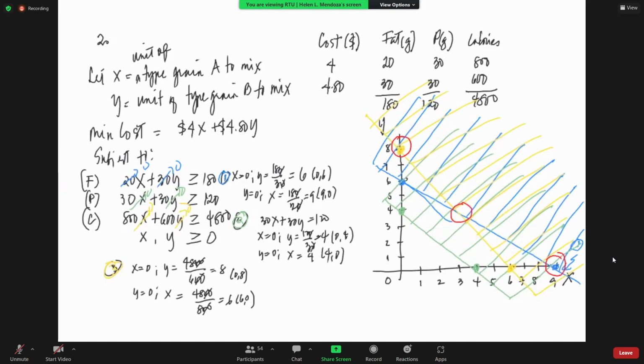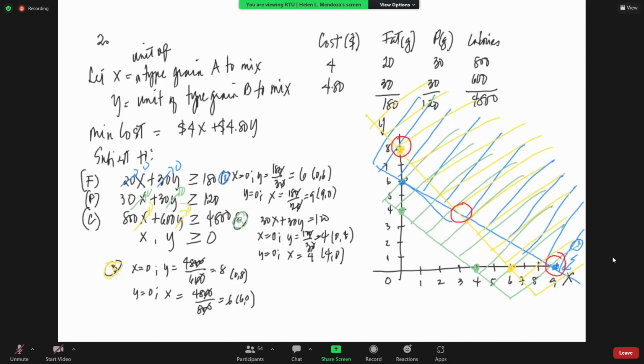Tatlo lang, di ba? So, yung una natin, if we take that clockwise, so we have 0, 8. It is at 0, 8 that the 3 colors meet, no? And we also have that 9, 0 where the 3 colors meet.